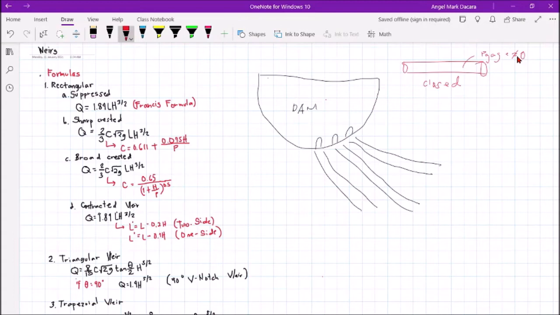That is a closed conduit. Tapos, meron tayong open conduits. Okay, let's say these are the open conduits. Okay, and they are open to atmosphere. Kapag ka-open to atmosphere, alam natin na gauge pressure doon sa flow is equal to 0.